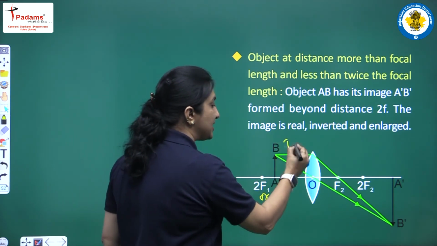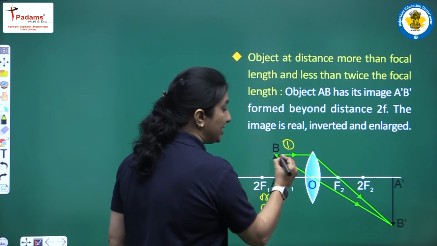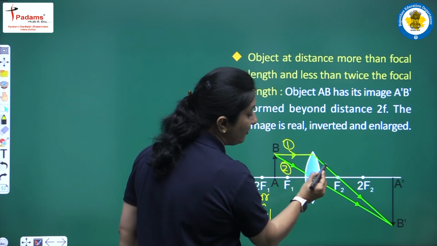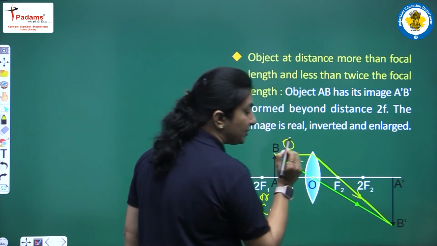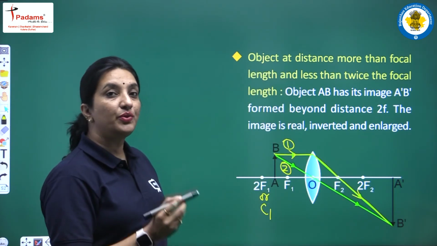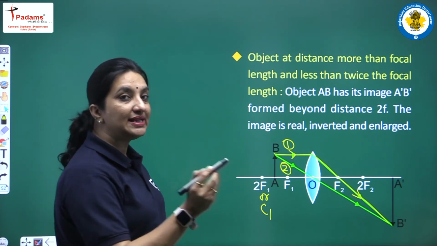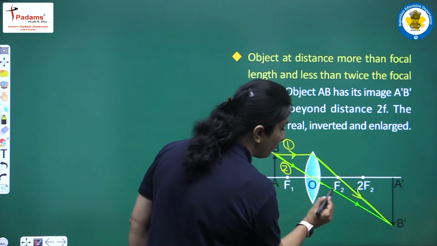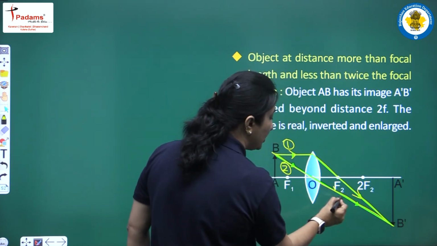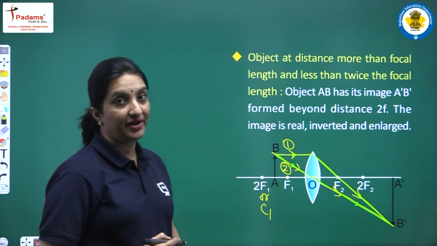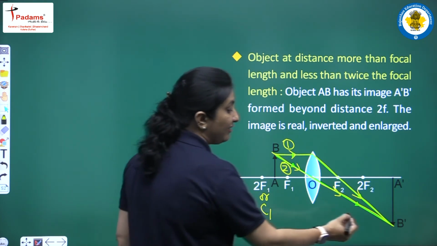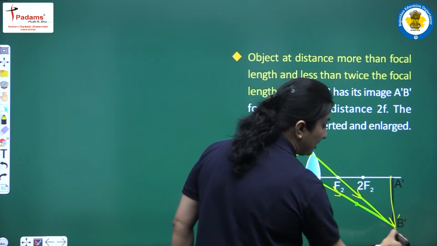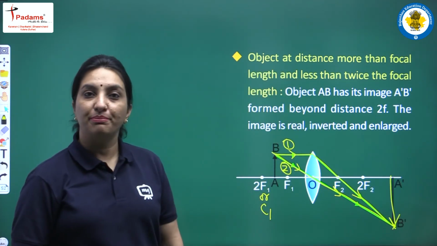The first ray which is coming parallel to the principal axis after refraction will pass through the second principal focus, and the ray of light which is incident to the optical center will pass undeviated, that is the ray of light passing through the optical center will go straight after refraction. And what we see is that they are meeting actually at this point. So here we will have the image formed A dash B dash.